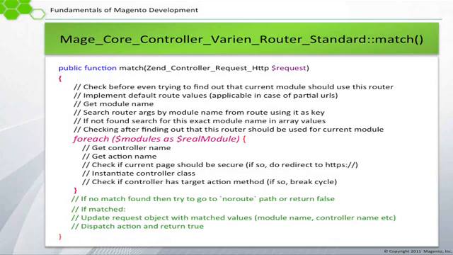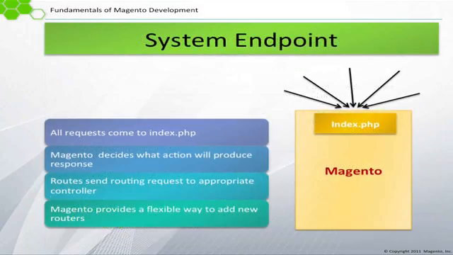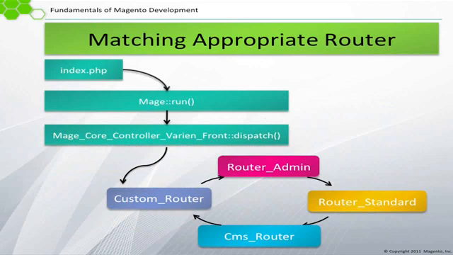That's the gist of this slide. This slide is just an interjected reminder that all requests come to index.php. Front controller is used to assemble the routers and find out exactly where we're going to route this, and you have the ability to add routers if you so need. Okay, back to the lesson.